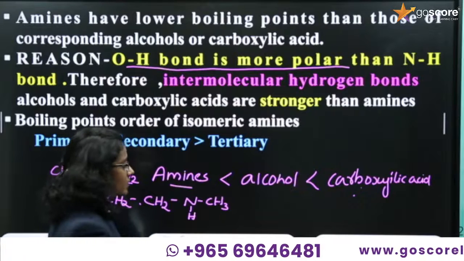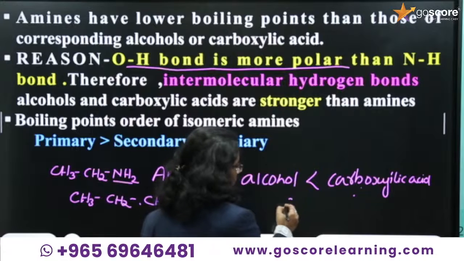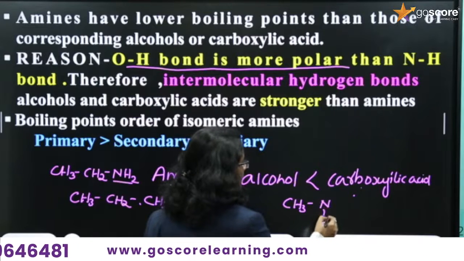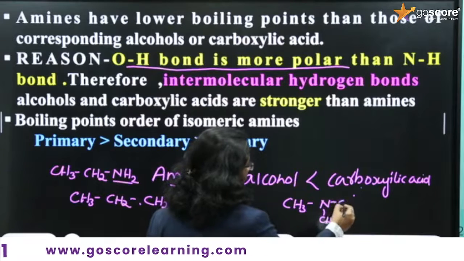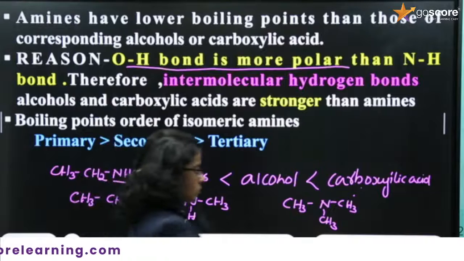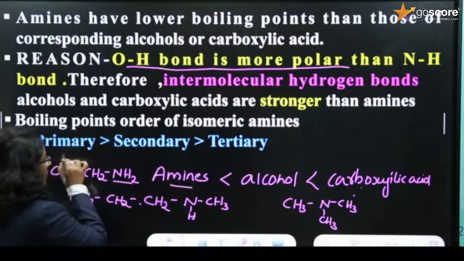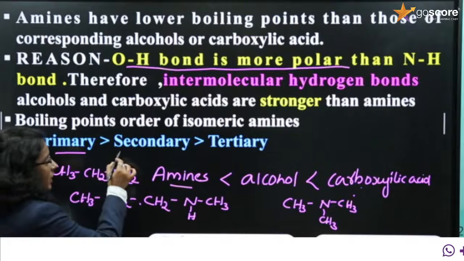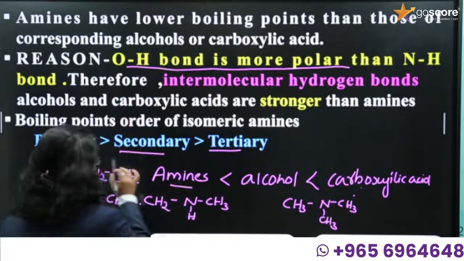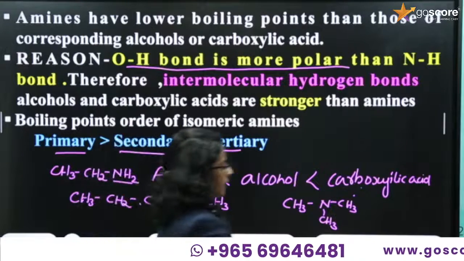If you consider a tertiary amine, that is trimethylamine, N(CH3)3, there is no hydrogen bonding. So the order will be primary, secondary, tertiary. The order will be primary, secondary, tertiary.